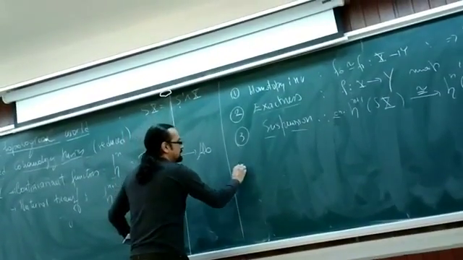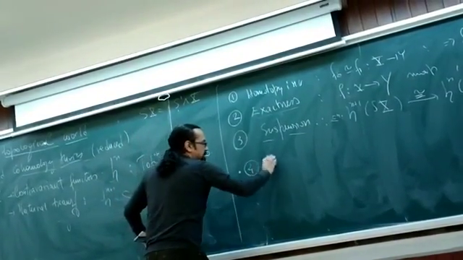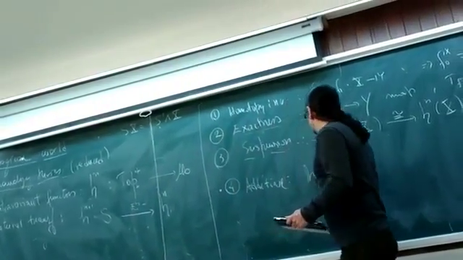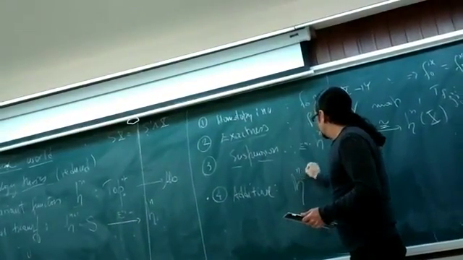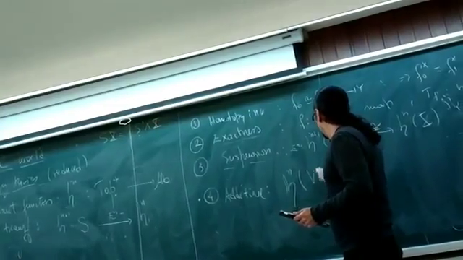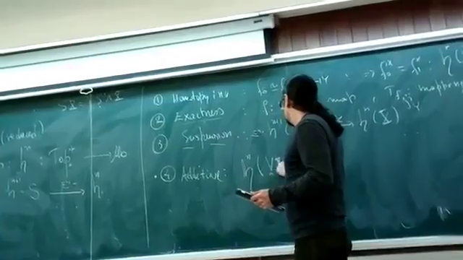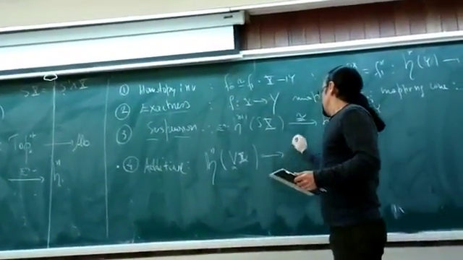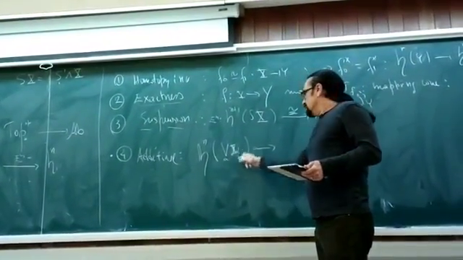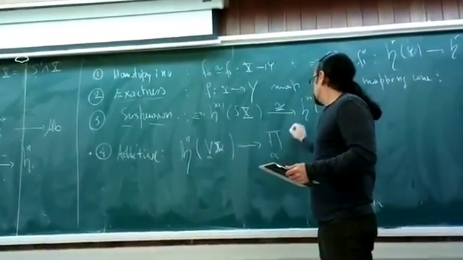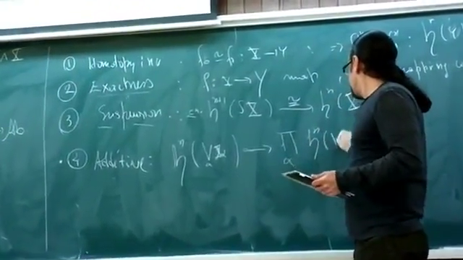Then there is an extra additivity axiom, which concerns Hn of the one-point union of spaces, which is the coproduct in this world. The inclusion of each of those factors induces a product decomposition of this cohomology.